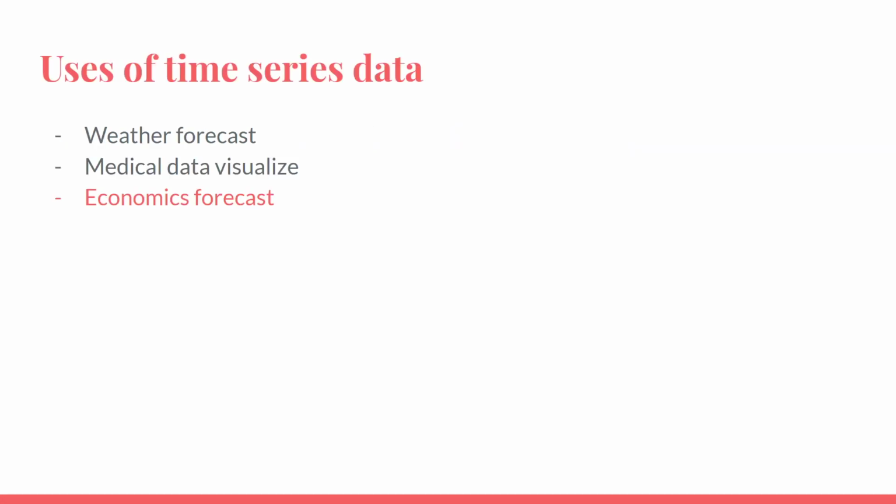Time series data can be useful in many ways, such as weather tracking, forecasting, and visualizing medical data, but in fact we will use them in terms of economics, such as to predict sales or stock.